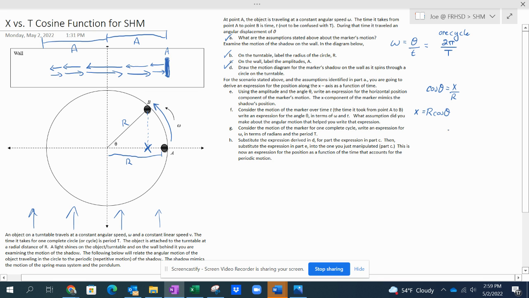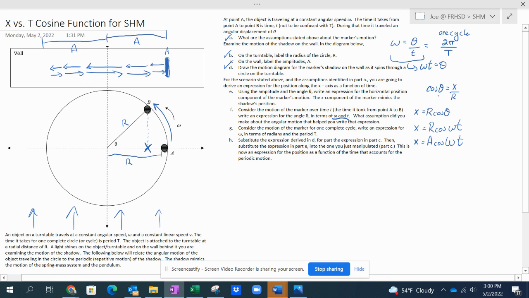Well, we know that in the next part we can express this in terms of omega and t by making this substitution: omega t is equal to theta, by rearranging this expression and placing it into the equation. So x equals r cosine of omega t. If we look carefully, the radius here is also the same distance as the amplitude, so I can substitute the radius with the amplitude.